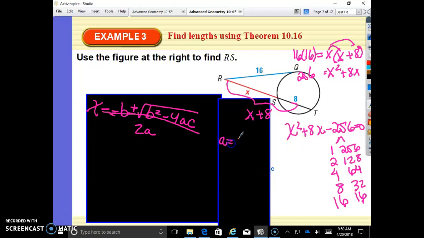Our a is 1. Our b is 8. And our c is negative 256.